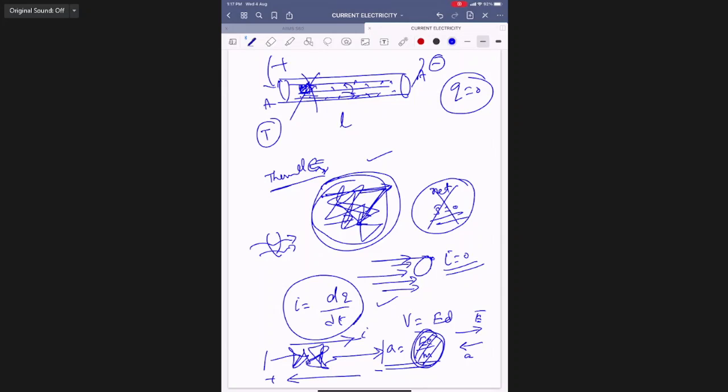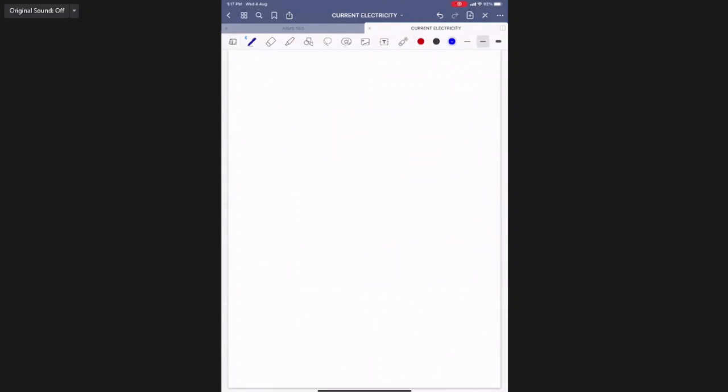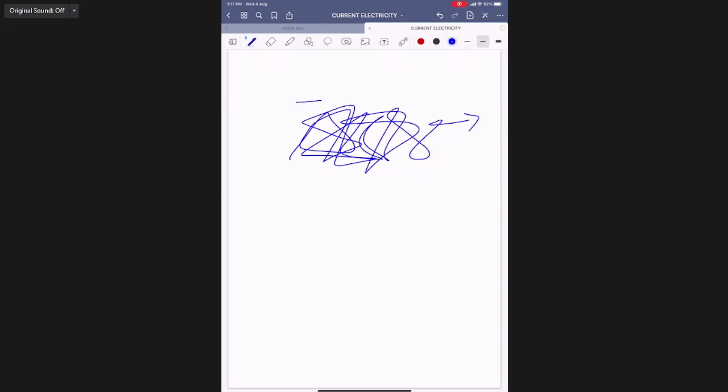So all this happens not because of the random zigzag motion, though it collides so many times, but overall it has a net motion: electrons from low potential to high potential. The conventional current direction is opposite to the direction of electron motion. So current always flows from higher potential to lower potential.